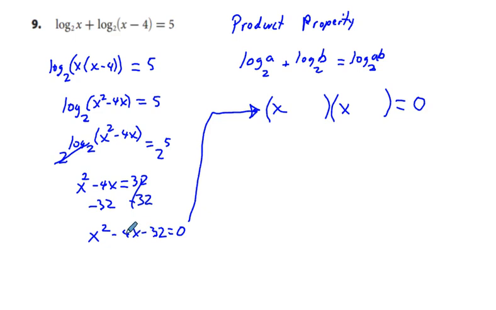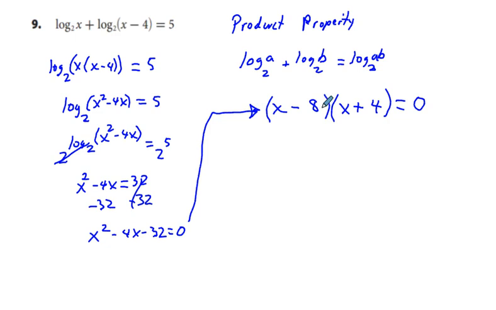Well, 32, we can try 8 and 4. Those numbers are 4 apart, so these are the two numbers except the signs. We have to make the signs right. We have -32, so one of these numbers, 8 or 4, is going to be negative, the other positive, of course. We have minus 4x, and so the negative number is larger, so we're going to have x minus 8 times quantity x plus 4 is equal to 0.